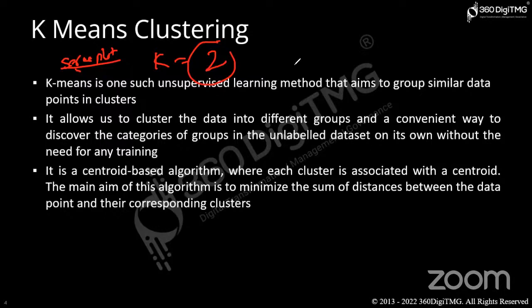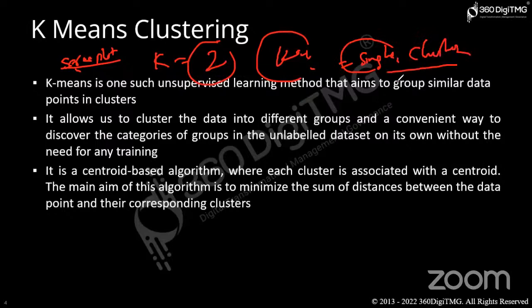If you mention k equal to 1, the whole data set is considered a single cluster, which doesn't make any sense, right? So k should be at least 2.